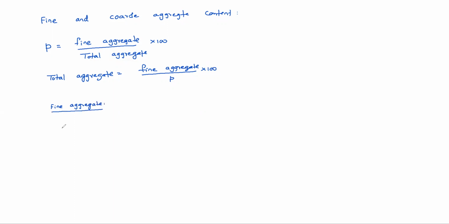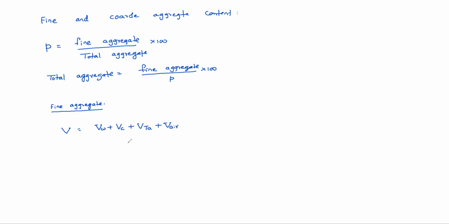You know the relation: total volume equals volume of water plus volume of cement plus volume of total aggregate plus volume of air, right? This only. Anything else? Volume of water, volume of cement, volume of total aggregate and volume of air.